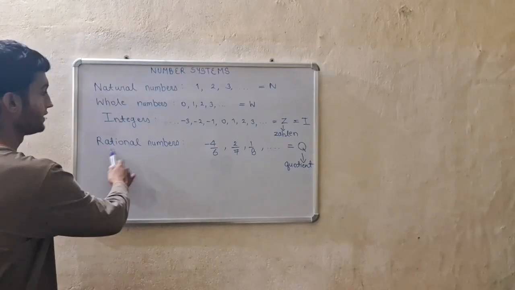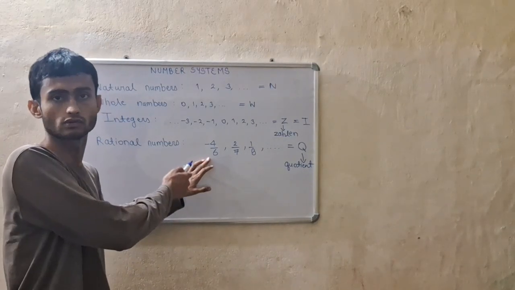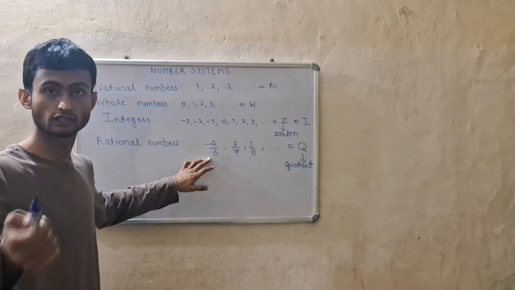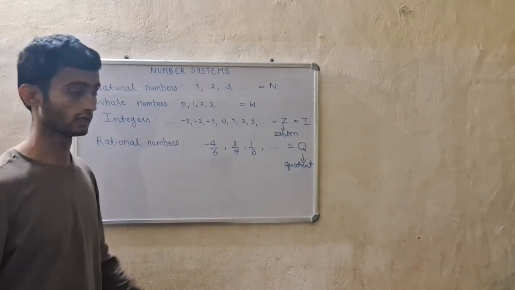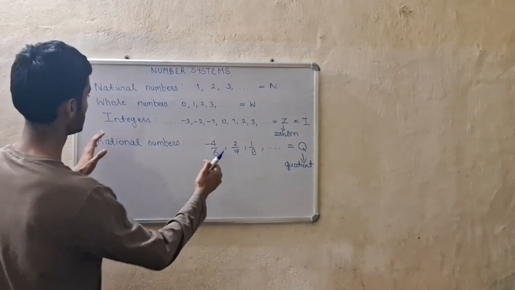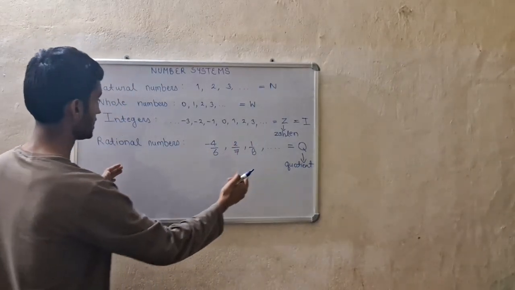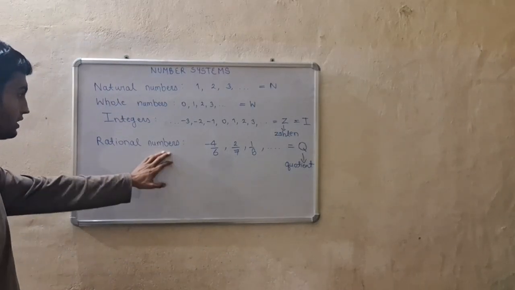So then we have rational numbers. You have come across such numbers, right? Like in fractions, and in any other way as well. So these numbers, when you include them with all these integers, make a new collection, which is the collection of rational numbers, right?